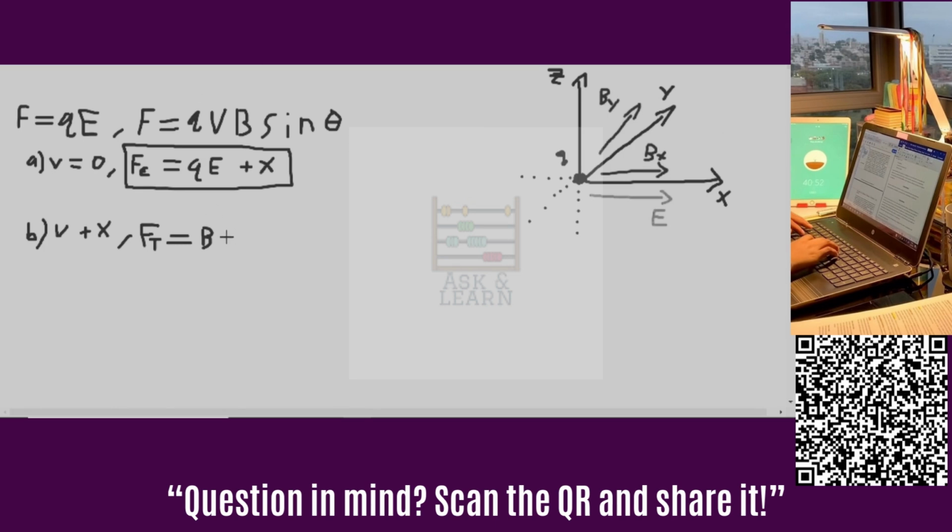So our total force is equal to By plus E. We could call it Ex just to keep with our subtext here. The electric field in the x direction, which is the only electric field. That's just simply the force here. And that will be the same because we have the same charge and we have the same electric field.